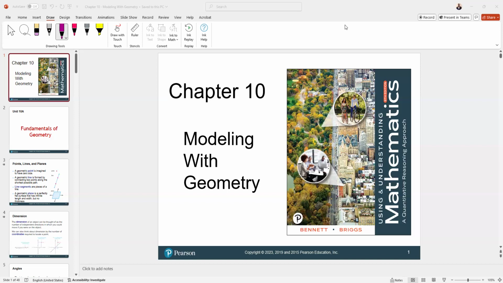In fact, when we hear the word geometry by itself, we generally assume that it refers to Euclidean geometry. So that's what we're going to do in this particular unit, the fundamentals of geometry. We'll explore the foundations of Euclidean geometry.